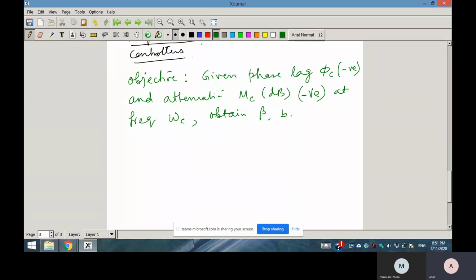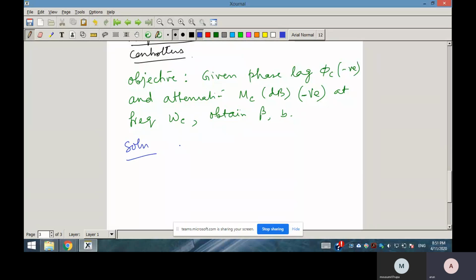So now what is the solution? Now you will see that all the things are the same as the lead controller. The only difference is beta is less than 0. The same final quadratic equation you will get, where alpha will be replaced by just beta, and MC here is negative and phi c is negative.